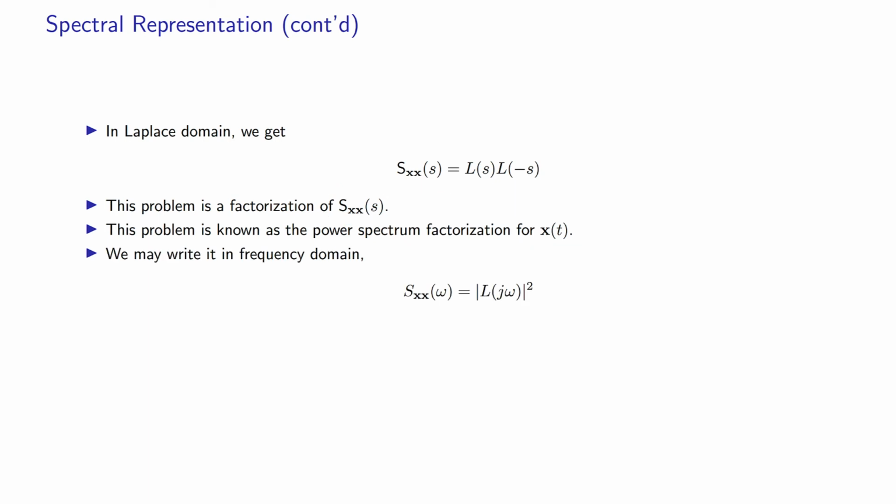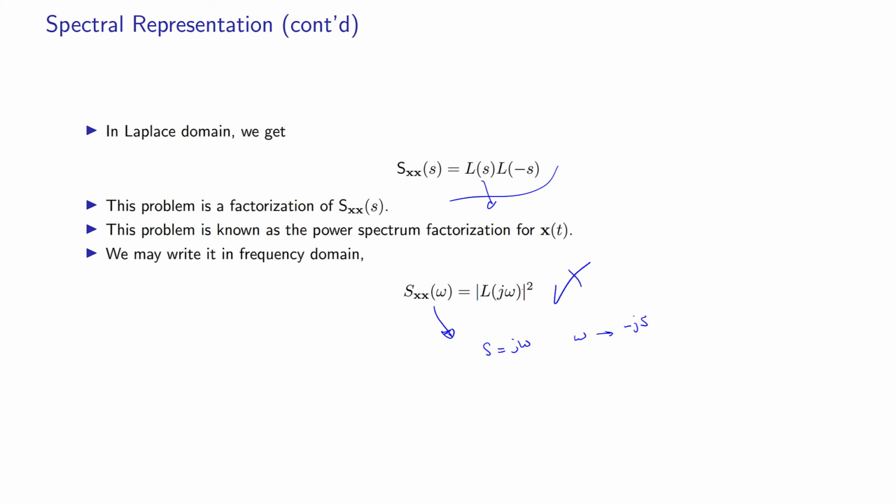You could replace s by j omega, and this becomes equal to this expression. It is easier to work in the s domain because you can get the roots, poles, and so on. So if this is given to you, usually you replace s equal to j omega, or you replace omega by minus j s or whatever it is.